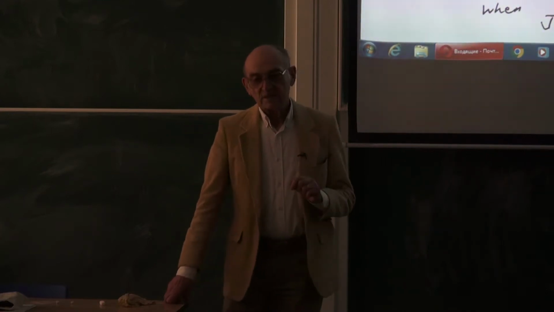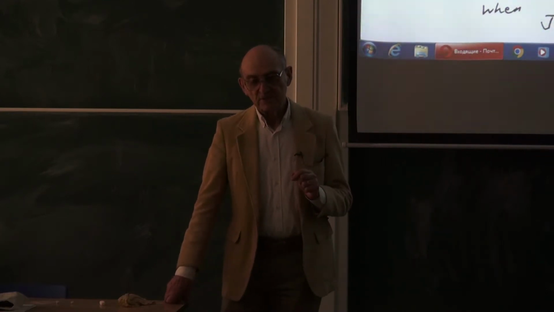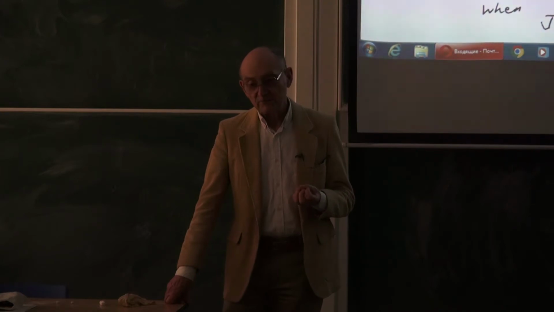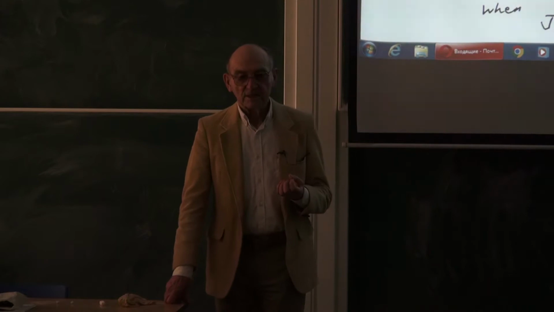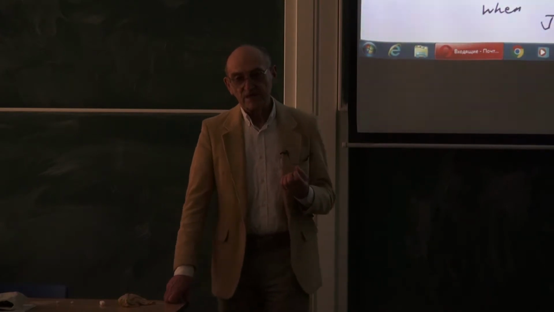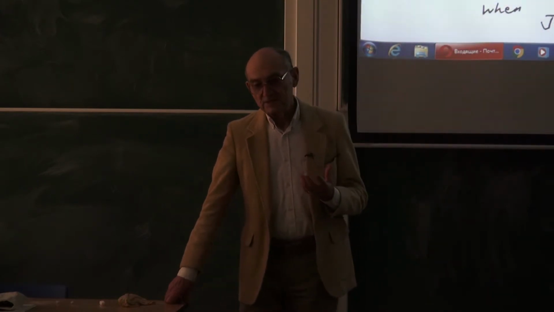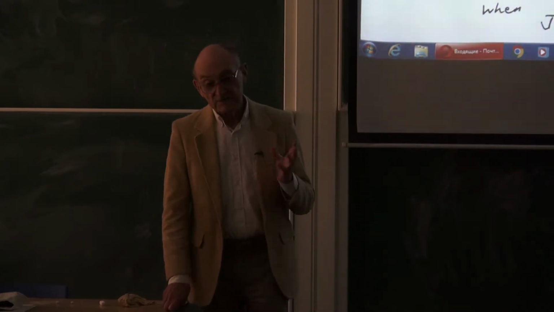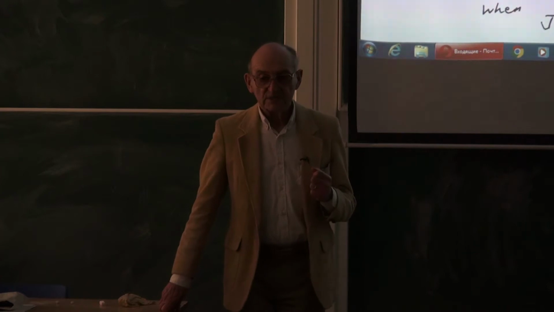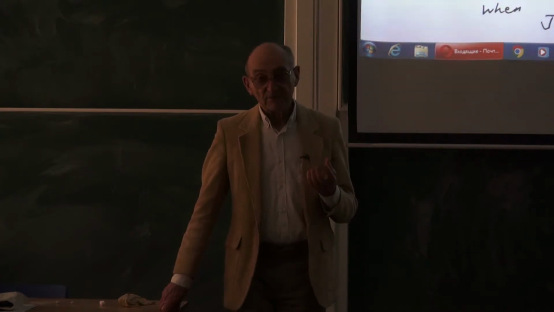But there's another application of the spectral theory, and it occurs in number theory. Now, number theory is a very old part of mathematics. In 1730, Euler discovered, he was at that time in Basel, he discovered the gamma function.